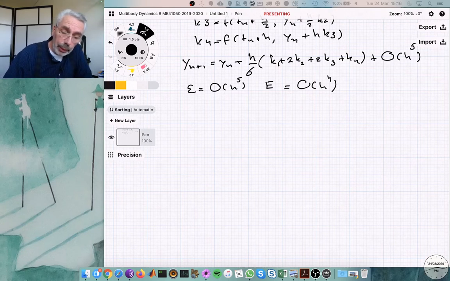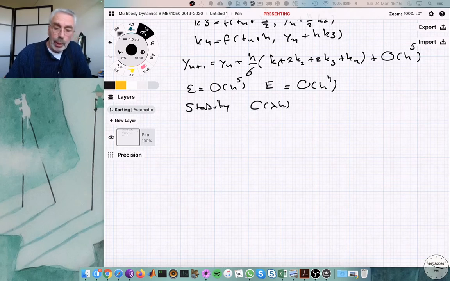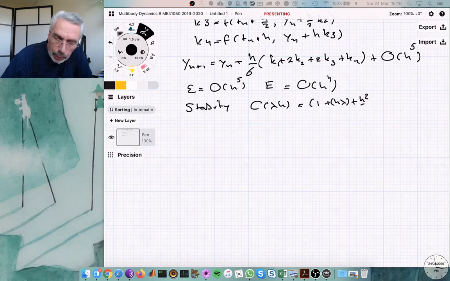But if you now look at the stability, you look at the C lambda H, and for those who are really interested, it has this form 1 plus H lambda plus H squared over 2... I make an error here, because this should be plus H lambda squared, and then 1 over 2 plus 1 over 3 factorial H lambda to the power 3 plus and so on.